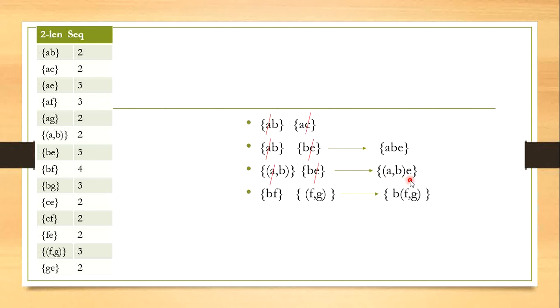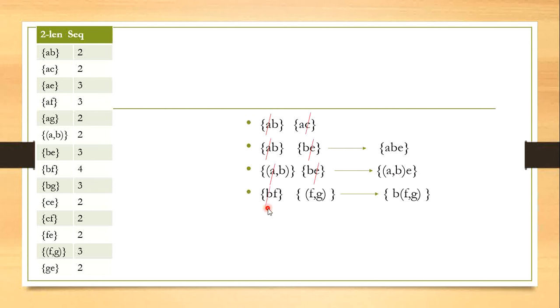This is because from S2, B and E must be in different transactions. But from S1, A and B are in the same transaction. In this way we combine the sequences. According to S2, E should be in another transaction, and according to S1, A and B should be in the same transaction. So let us consider one more example here.